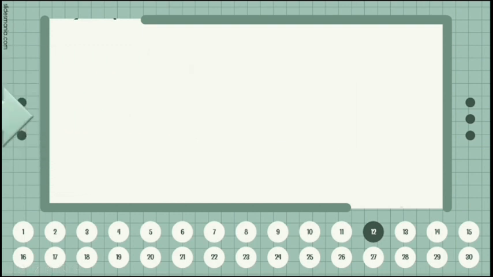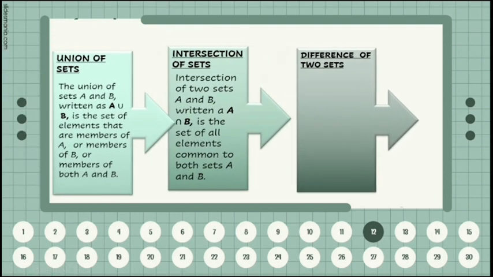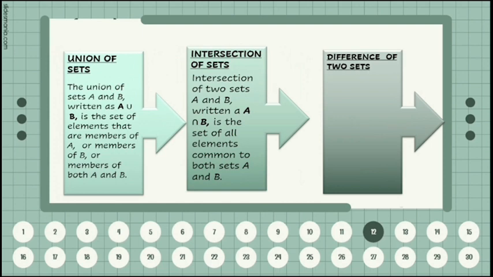So let's go to the last operation of sets, and that is the difference of two sets. Okay?